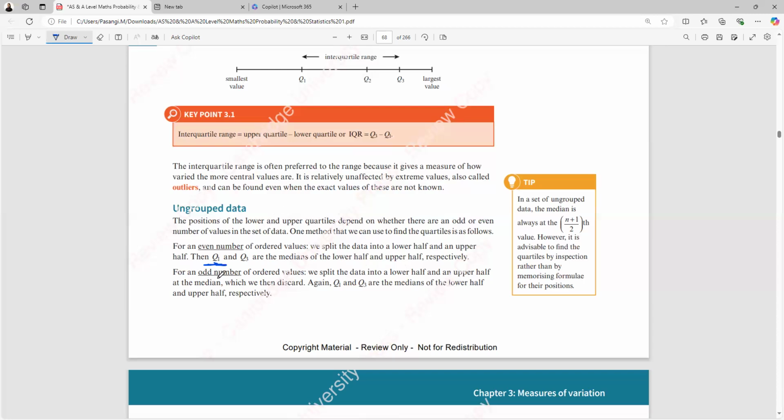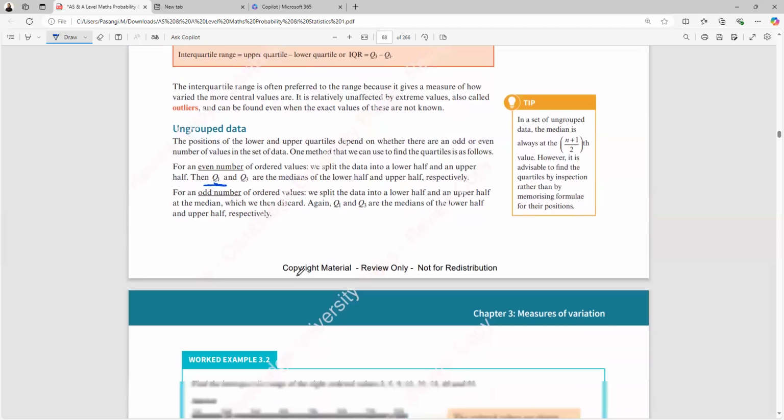If we have an odd number of ordered values, then we split the data into a lower half and an upper half at the median, which we then discard. So again, Q1 and Q3 are the medians of the lower half and upper half respectively.